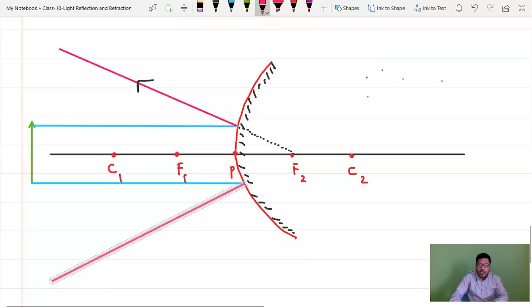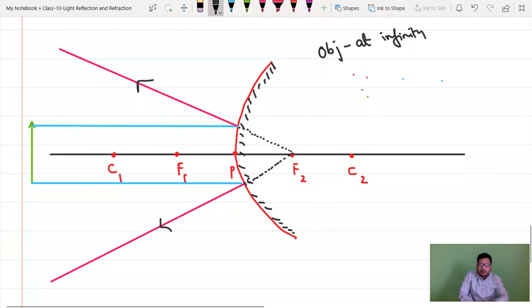After diverging, if you draw imaginary lines, definitely they will meet at the focus. Now by this we can say, when the object is placed at infinity, the image is formed at focus, same as concave. Convex also forms the image at focus.